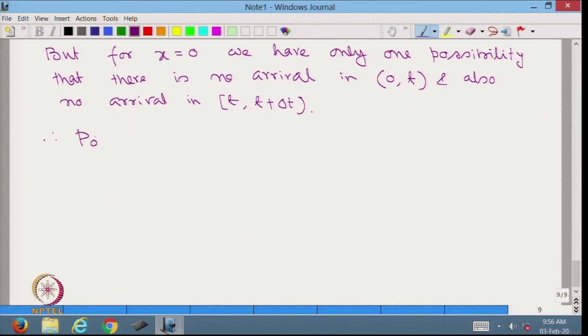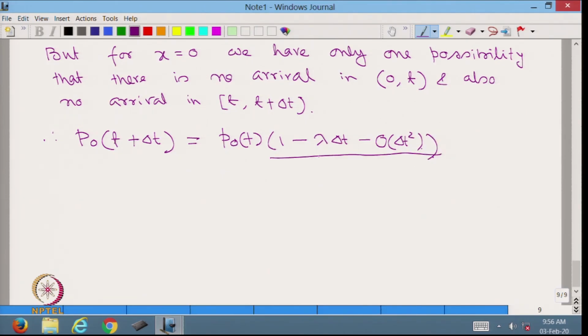Therefore, P_0(t plus delta t) is equal to P_0(t) into 1 minus lambda times delta t minus order of delta t square, because in time interval t to t plus delta t, this is the probability of one arrival, this is the probability of more than one arrival, therefore, 1 minus this quantity gives us the probability of 0 arrivals during this period.